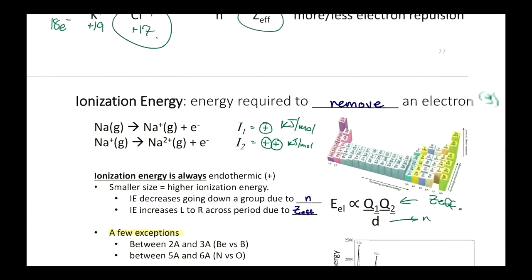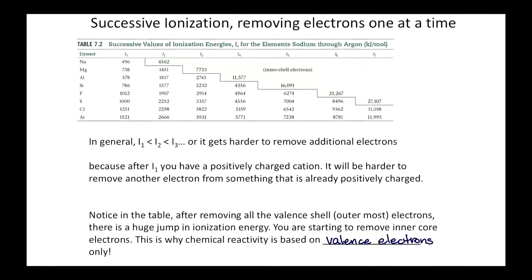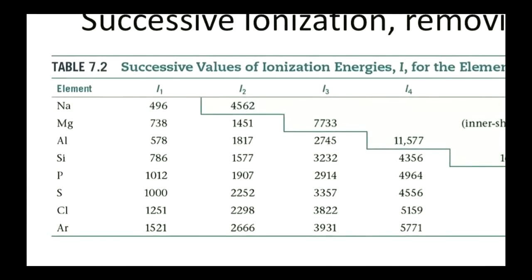The idea here is with successive ionization energies, we can look at how much energy it takes to remove one electron at a time. As we're removing electrons, the positive charge of the whole particle is increasing. With these successive ionization charts, this is the energy to remove the first electron in sodium. Here is the energy to remove the second electron in sodium. See how huge that number is?